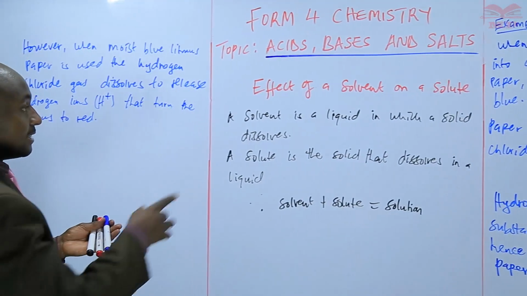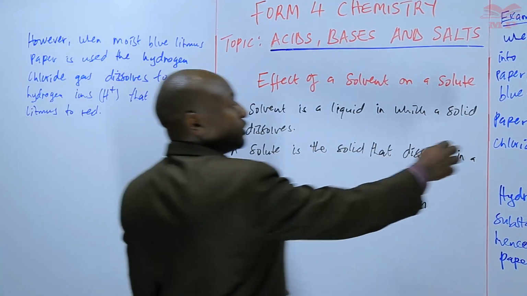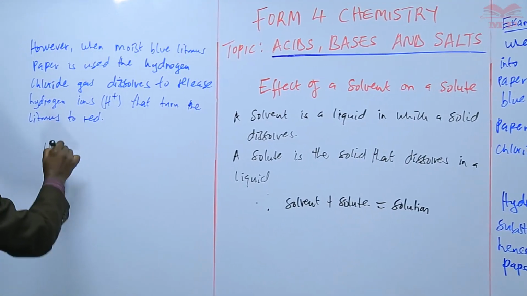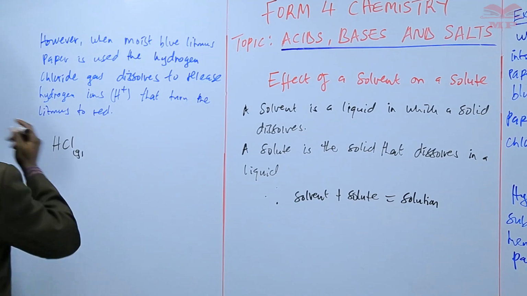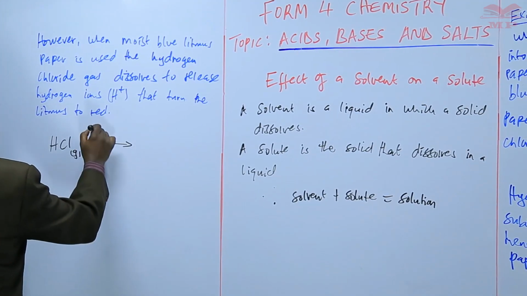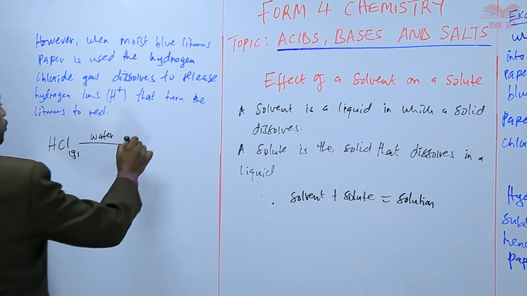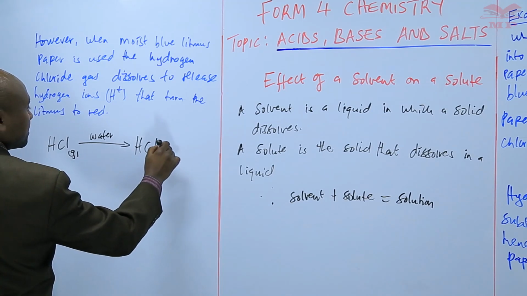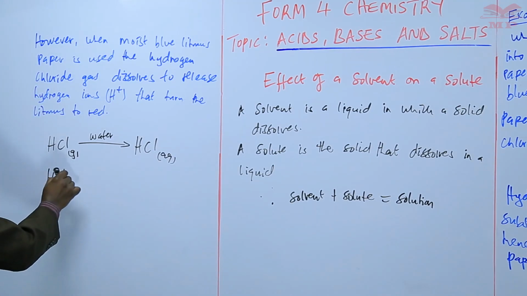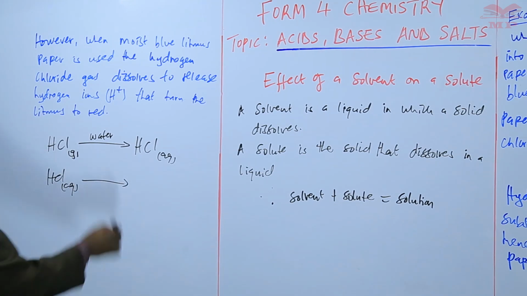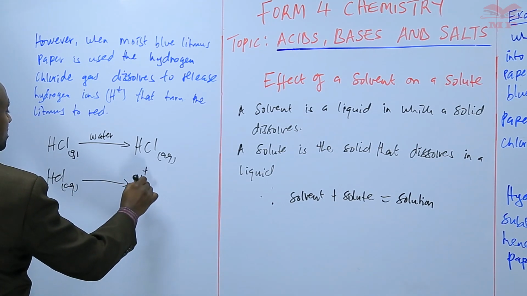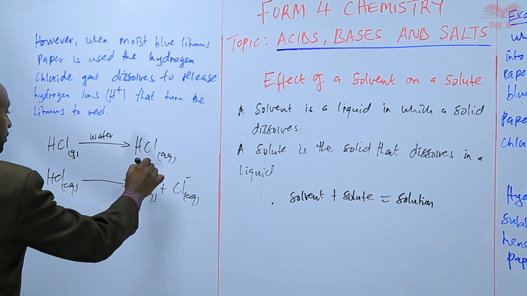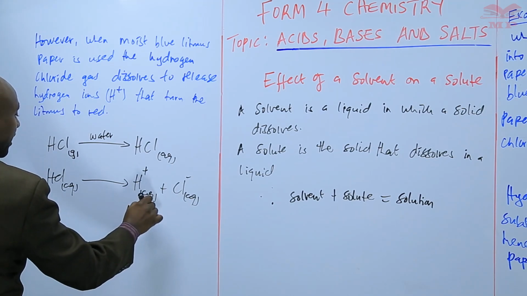In the scenario where we use a moist litmus, hydrogen chloride gas, which is molecular, dissolves in water to form hydrochloric acid, and this hydrochloric acid dissociates completely to release hydrogen ions plus chloride ions, and of course these hydrogen ions are responsible for acidity.